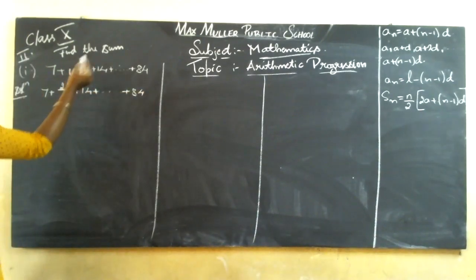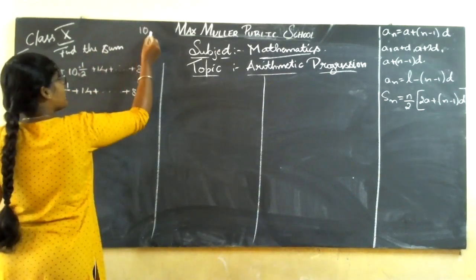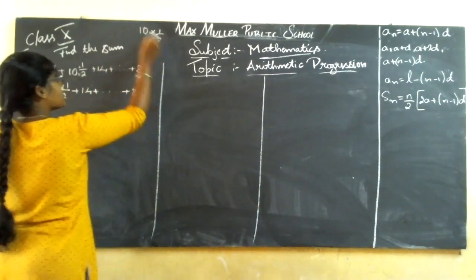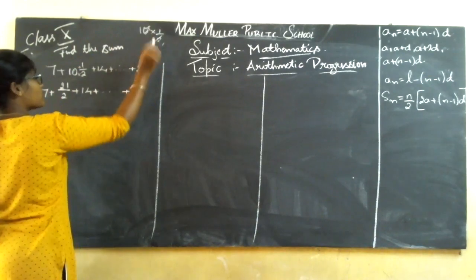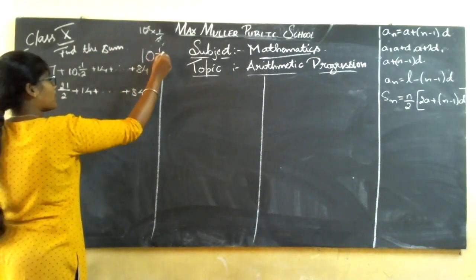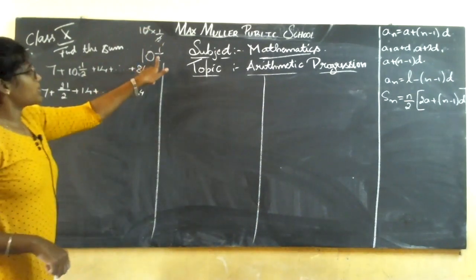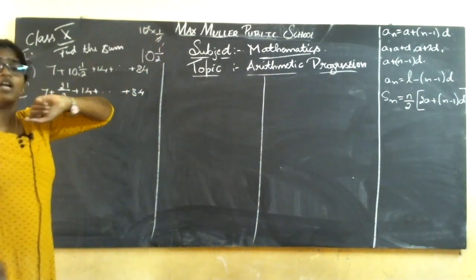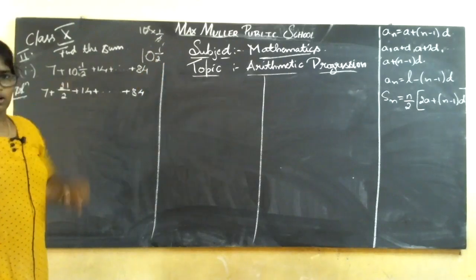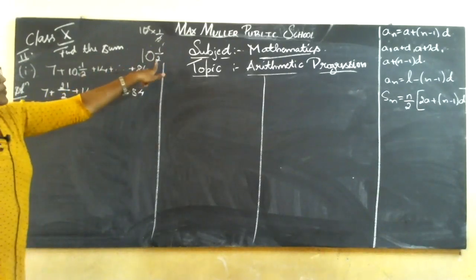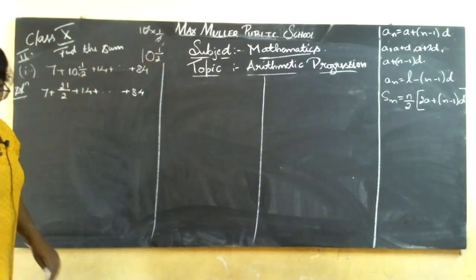It is not 10 into 1 by 2; if it were, you would have cancelled it. 10 1 by 2, this 10 is a part of this half. So you multiply the denominator and add the numerator to the answer you get. I got 10 2s are 20, 20 plus 1 is 21.